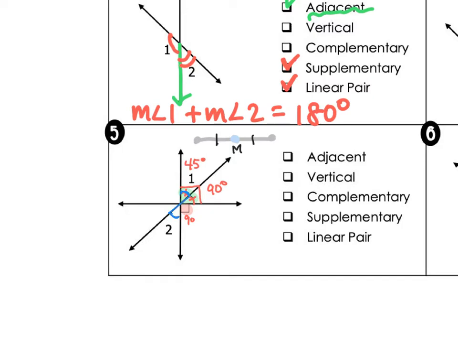So what does it look like? Does that look like a bow tie? That's right. They are vertical angles, which means that angle 2 is also 45 degrees, right? So yes, angle 1 and angle 2, they are vertical angles. And also the measure of angle 1 plus the measure of angle 2 equals 90 degrees. So what is that called? That's right. It's complementary angles.